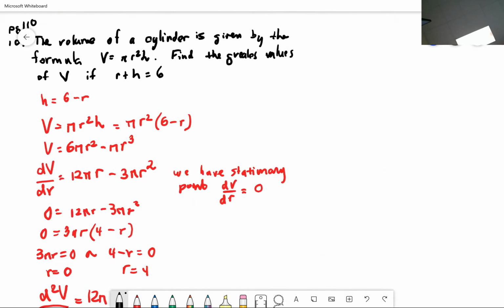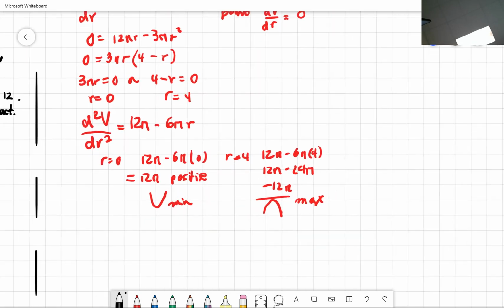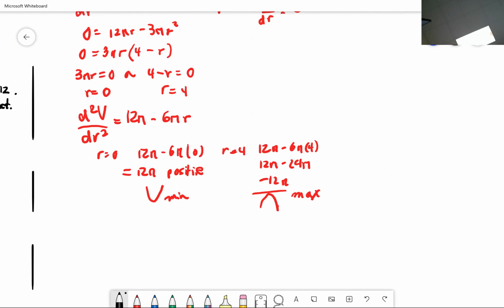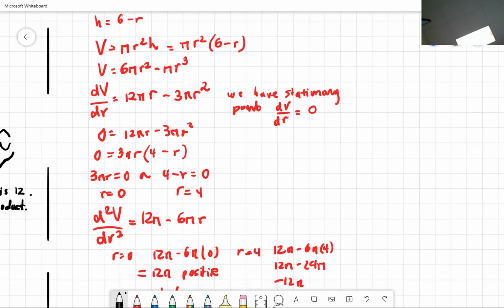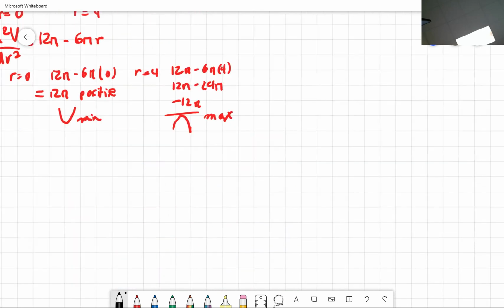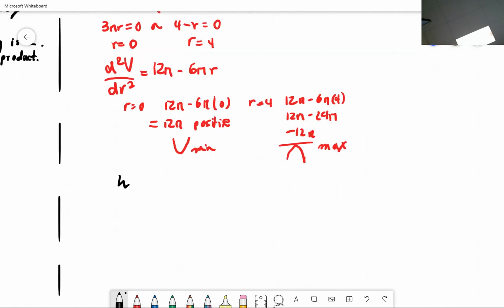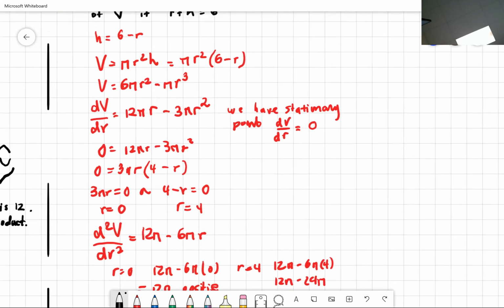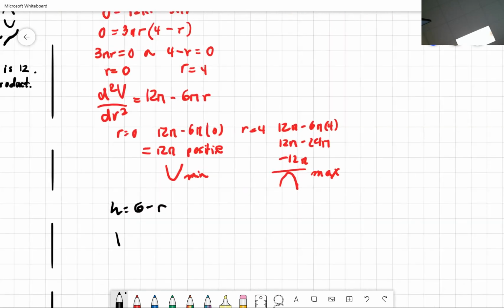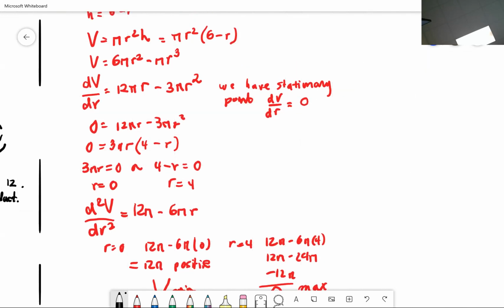So now you can come back up here, but I'm not going to do that. I'm just going to rewrite everything. Originally we had h equals 6 minus r, and then the volume was pi r squared times h. That's for a cylinder.